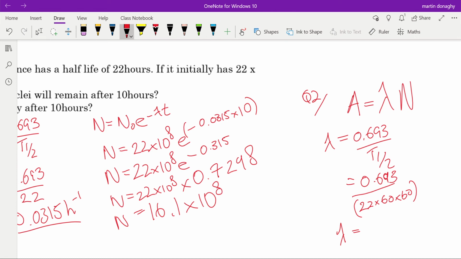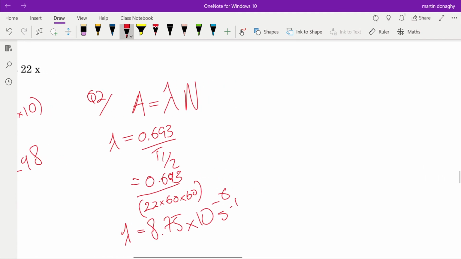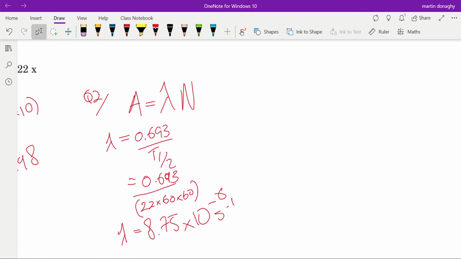So we will get 0.693 divided by 22 times 60 times 60. And that gives me 8.75 by 10 to the minus 1, 2, 3, 4, 5, 6. And that is then per second.